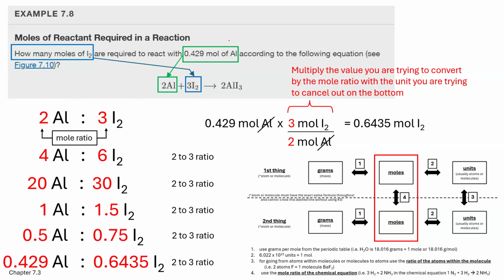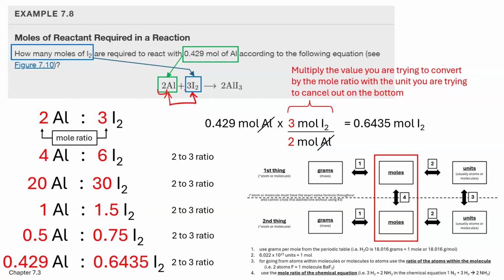In this chemical equation, we know how much aluminum we have. We're trying to figure out how much diatomic iodine, or I2, we need to react those 0.429 moles.